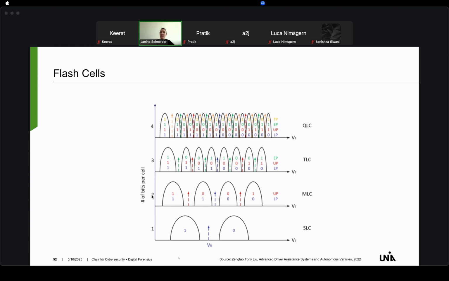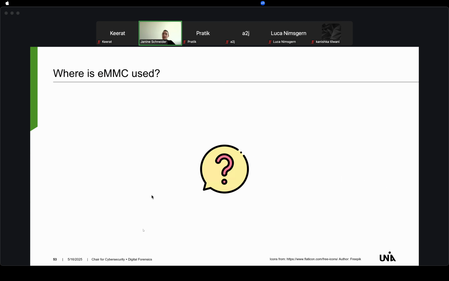Okay, so I have a question for you guys. Now that you know what NAND flash is and also what eMMCs are, so the embedded controller NAND flash, I was wondering if you know where eMMC is used.